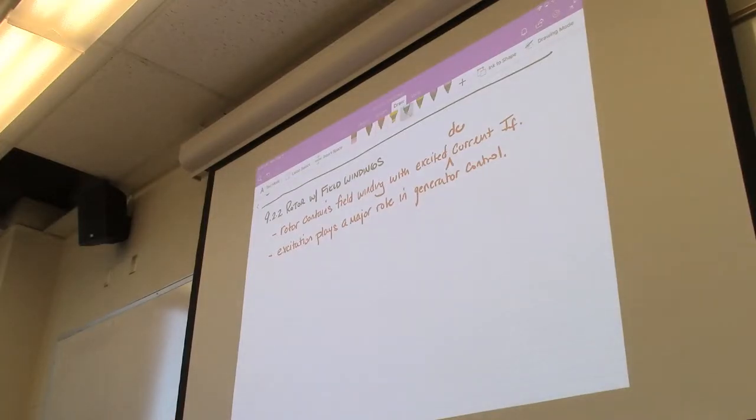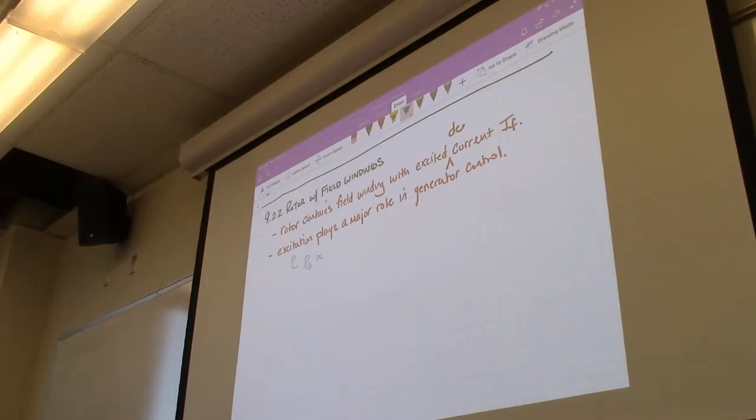So what we see is that the P generation is closely related to, or dependent on, mechanical power, and the Q generated is dependent on the excitation.